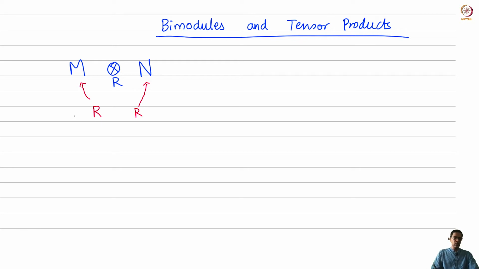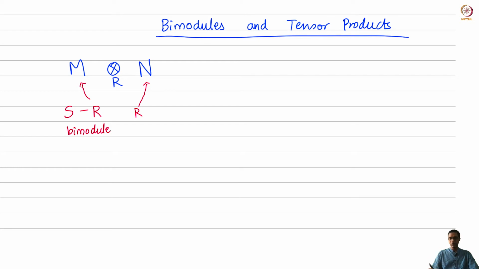But suppose it also happened that in addition to these structures, M also had a bimodule structure. Suppose M was not just a right R module but also a left S module, such that those two structures commuted with each other, or they had a compatibility.